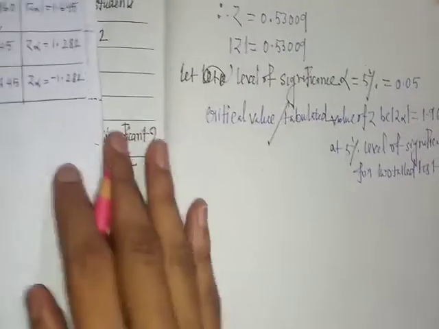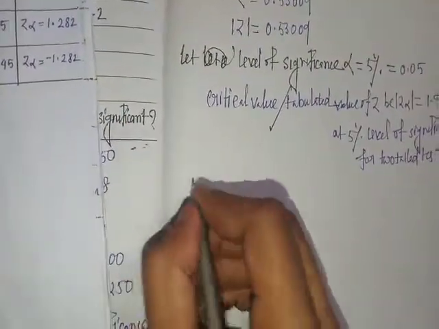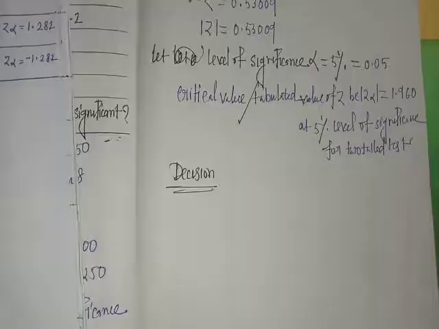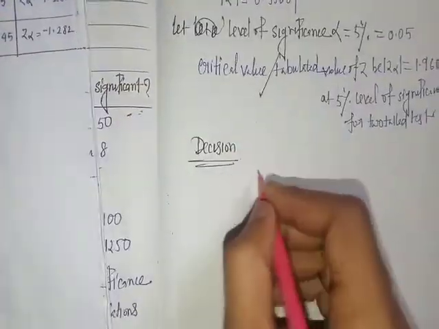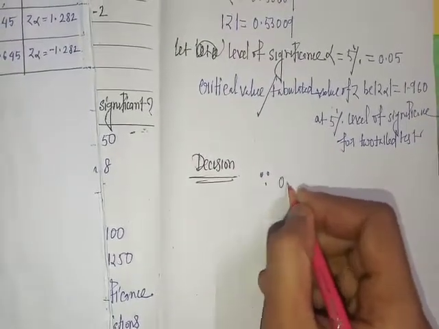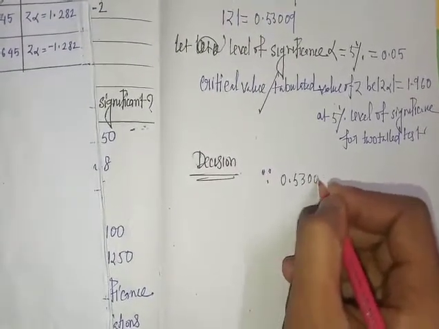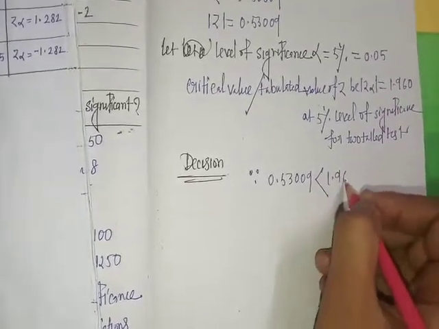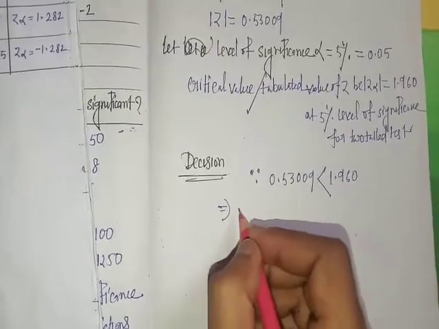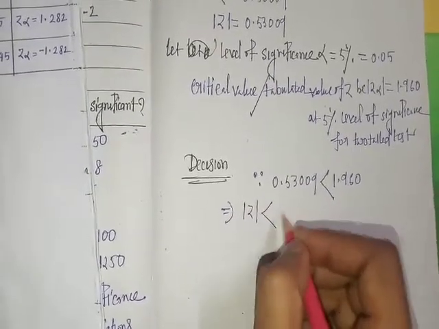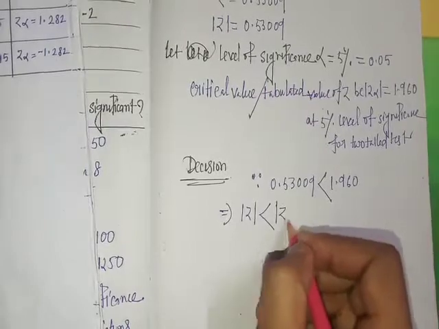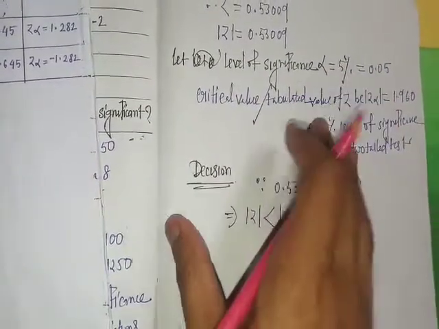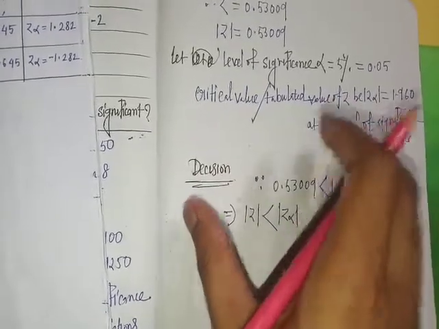Decision. Since 0.53009 is less than 1.960, mod of Z is less than mod of Z alpha; that is, the calculated value is less than the critical or tabulated value.